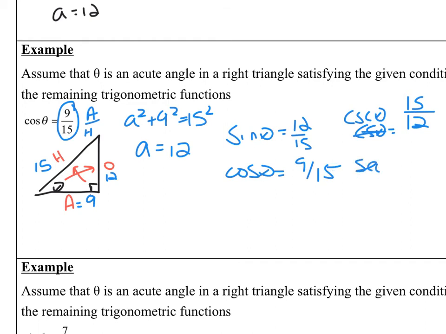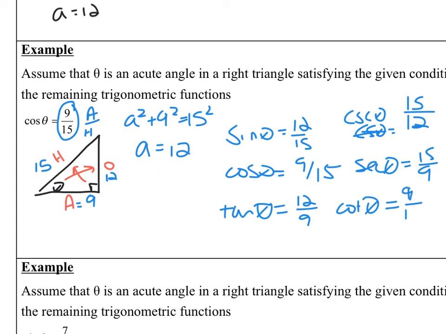So secant is going to be 15 over 9. Tangent is our opposite, 12 over adjacent 9. And cotangent, we flip that, so 9 over 12. And notice I didn't reduce any of those, and that's totally fine.